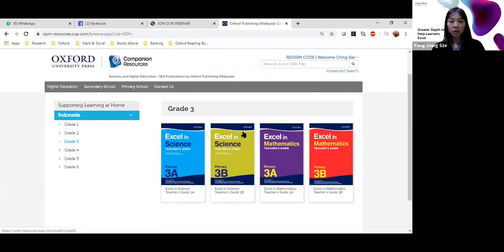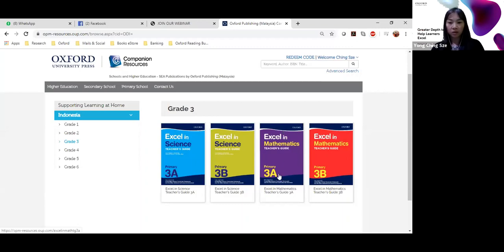What you will need to do is register. In my case, I have registered. If you have not registered, just register for the resources. You will need approval from the backend, which will take approximately 3 working days for us to ensure that these resources are given to teachers.